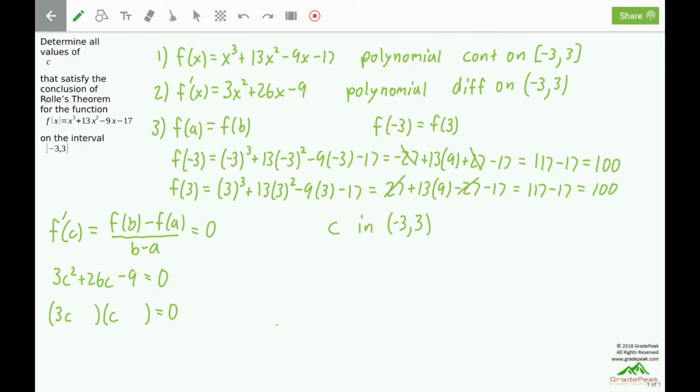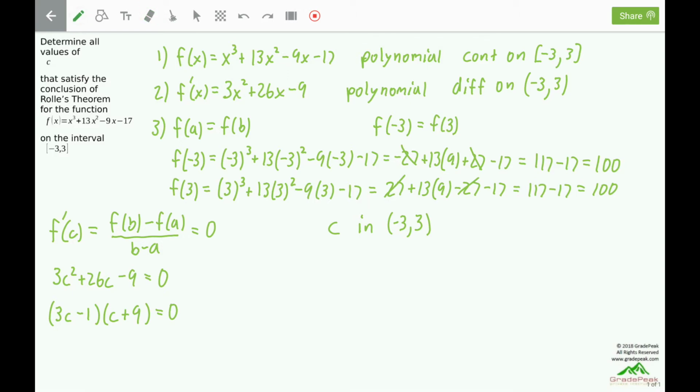9 has factors of either 9 and 1 or 3 and 3. 9 and 1 will work if the 9 is put here and the 1 is put here. That will give a 27c and a 1c, which can add to the 26c as long as the 27 is positive and the 1 is negative. That means we will want a positive here and a negative here.